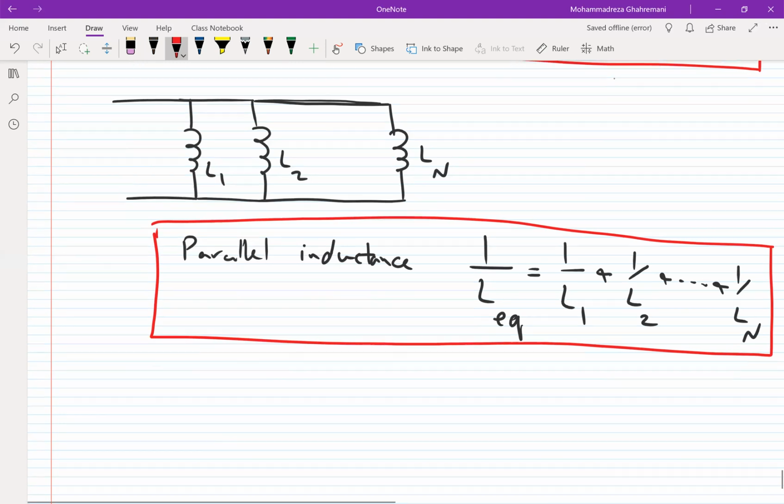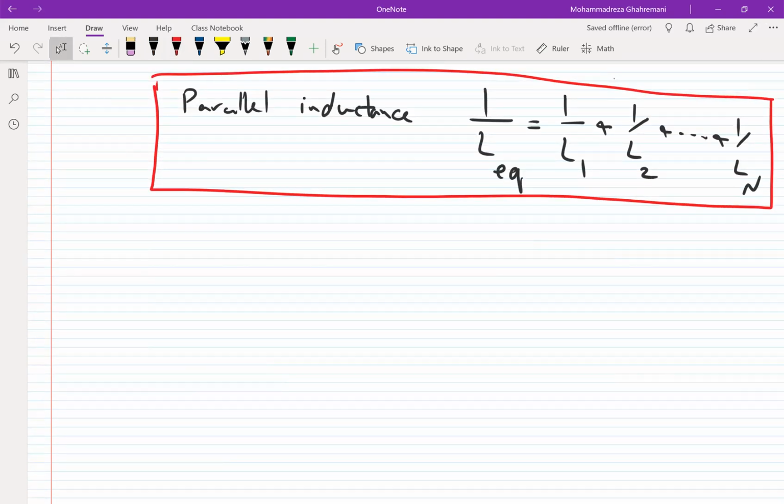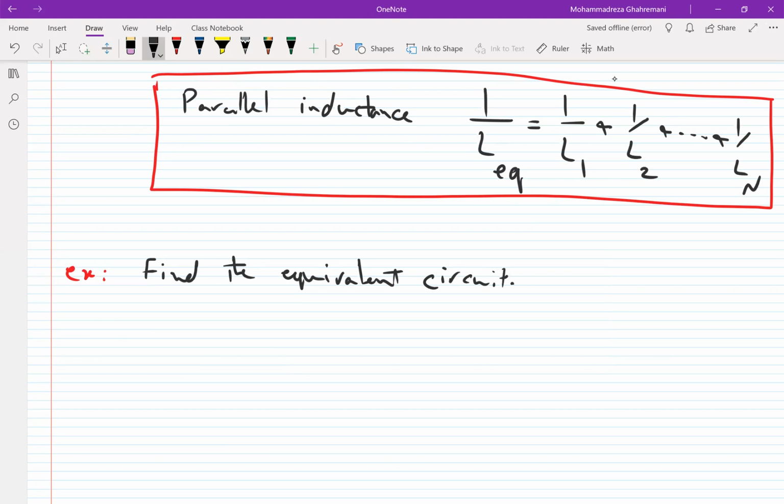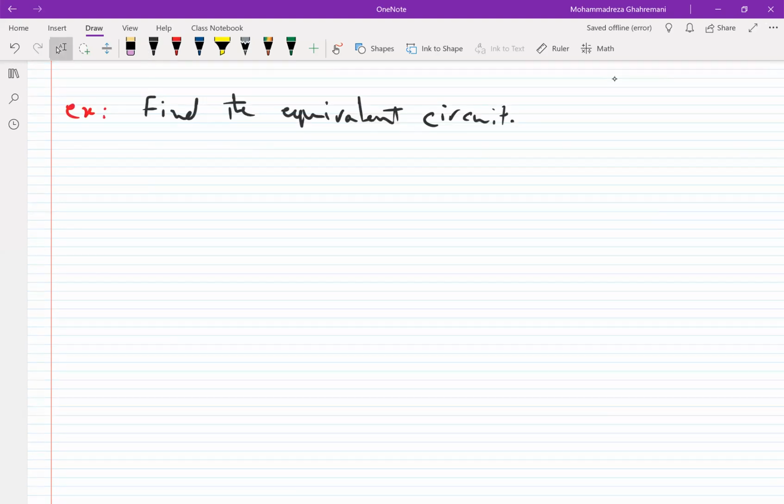Okay, let's see one example for inductors. Example: find the equivalent circuit. Not just for inductors, let's see an example for capacitors and inductors. Okay, so here is the circuit, the connections.